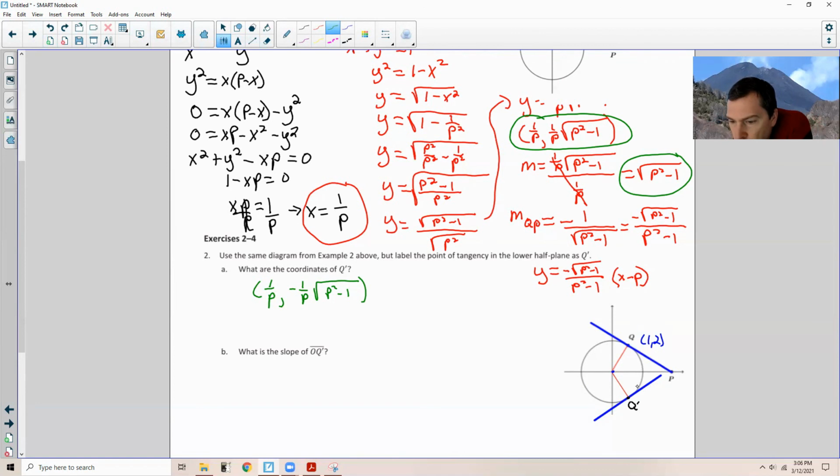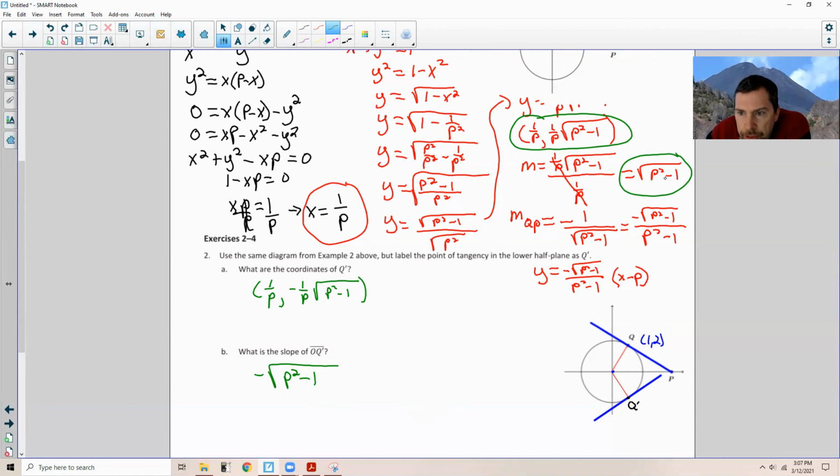But the slope of OQ prime would be negative square root of p squared minus 1.